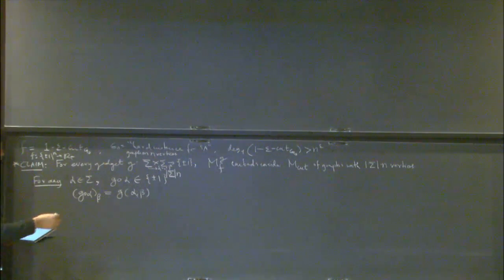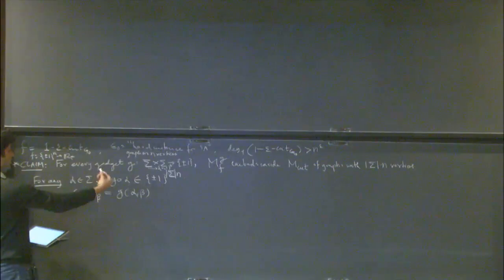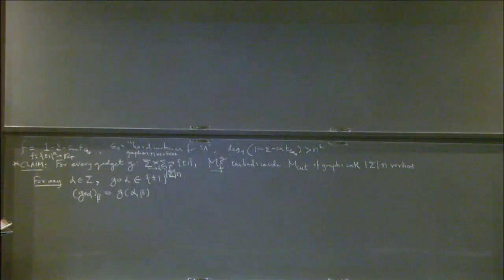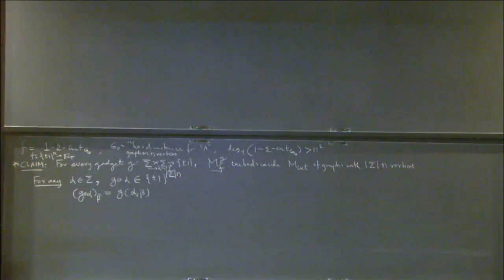And now what do I need to tell you? I want to embed this matrix MFG inside the MCut matrix. So for every row and column of MFG, I have to find you a row and column of this m-cut matrix on n times sigma vertices.